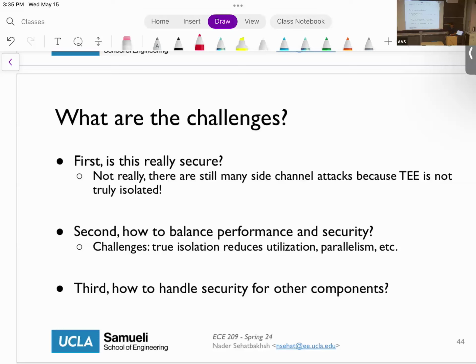There are tons of interesting works extending T's to GPUs, to IO, to the neural engine, and so on and so forth. So this is the future of computer systems and computer architecture: we're not going to have just one T, we're going to have a T that is spread across your entire system.